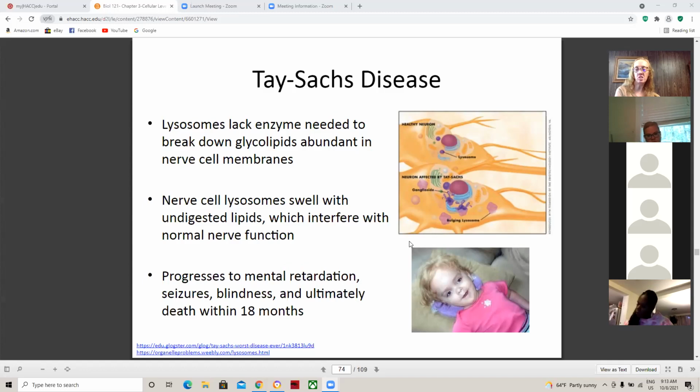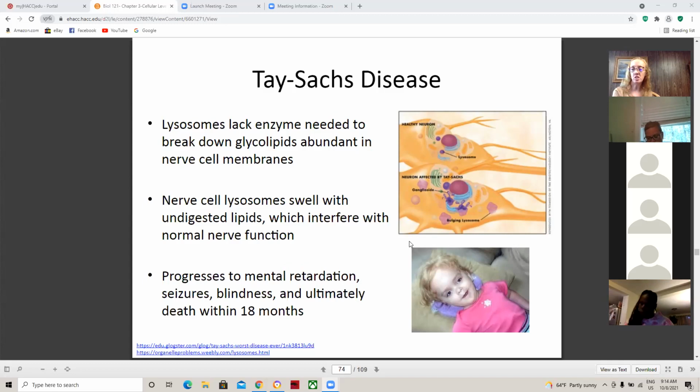And whenever there's a swelling of an organelle, that organelle becomes bigger and bigger and starts putting pressure on other things within the cell, causing malfunction of other things within the cell. Remember how structure and function are very closely related.